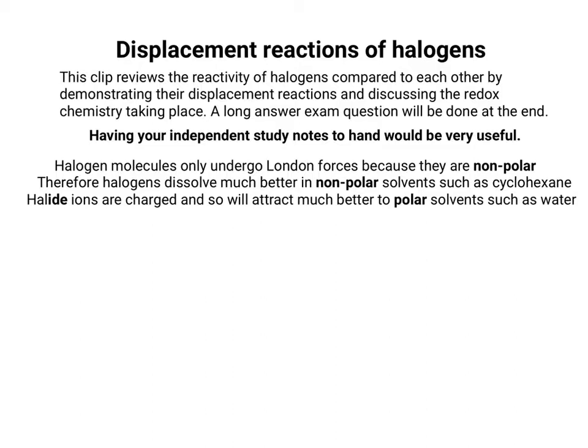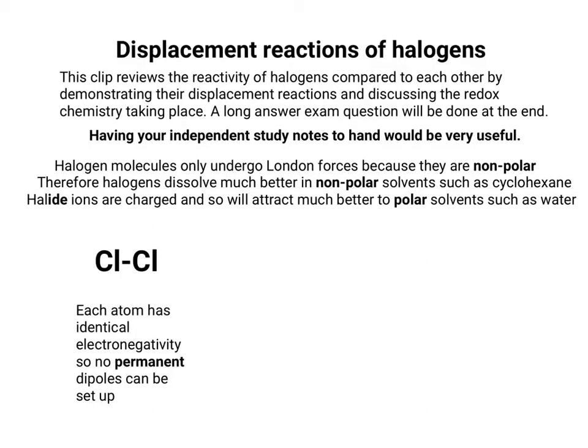This is due to the equal electronegativity between the two halogen atoms. So halogens will dissolve much better in non-polar solvents such as cyclohexane, but halide ions are charged, so as a result they'll attract much better to polar solvents such as water.